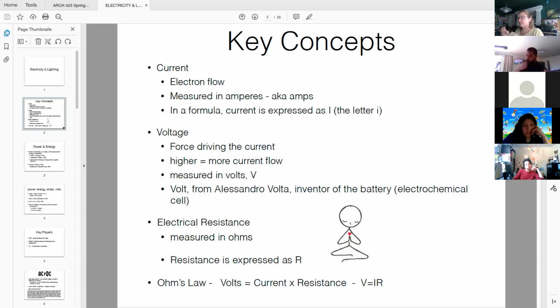That's what's preventing or hindering the flow of the amps down the wire. So the volts, which is the power, is equal to the current, which is the flow, times the resistance. The resistance is impeding that flow of the electrons.